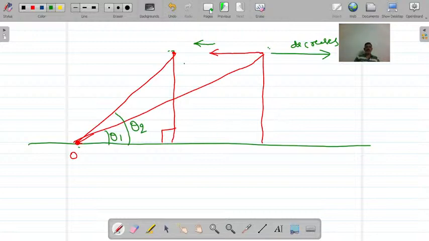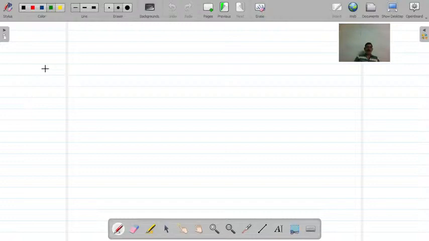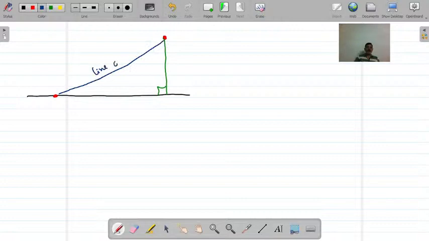Once again I repeat, suppose you are considering a horizontal line and this is the position of the observer. Now to look at an object which is at a certain height, what to do? We have to observe it like this. This is the line of sight and this is the horizontal line.